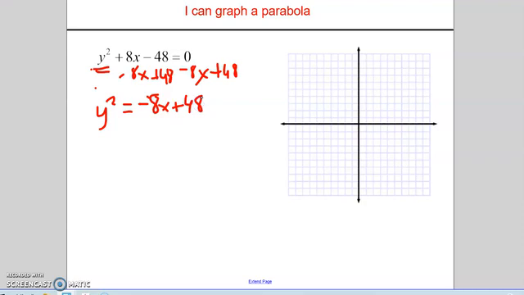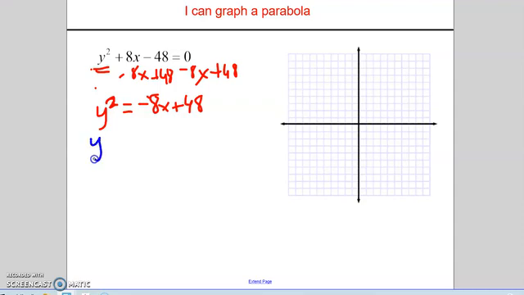Now, normally, if there was other stuff there, we would complete the square, but there's nothing to do on this side because it's already y squared. It is already a perfect square. Then over here, I'm going to factor out all the numbers in front of the x.